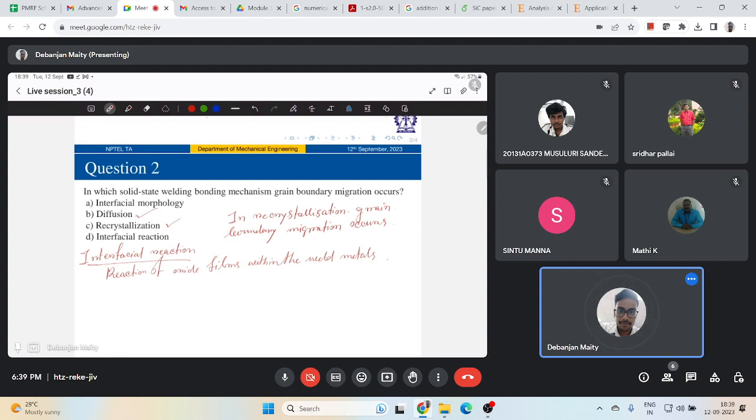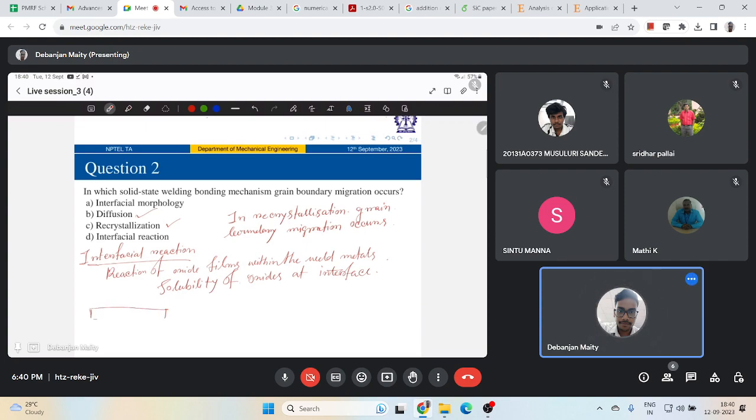What is happening is that the oxide is getting solutionized. So the solubility of oxides at the interface is very important for interfacial reaction.